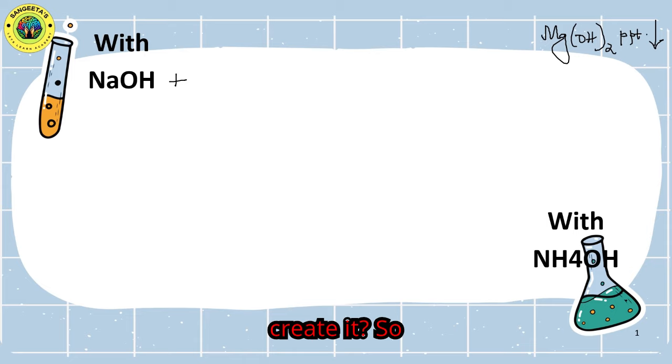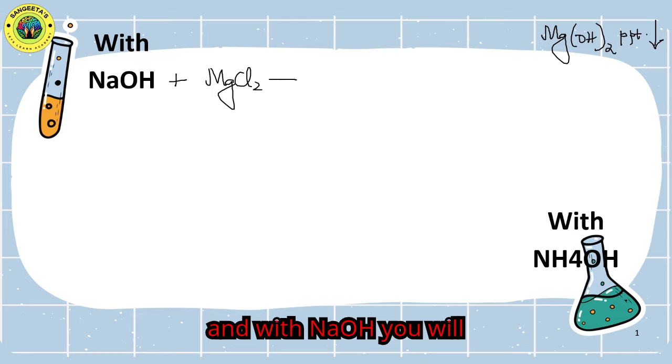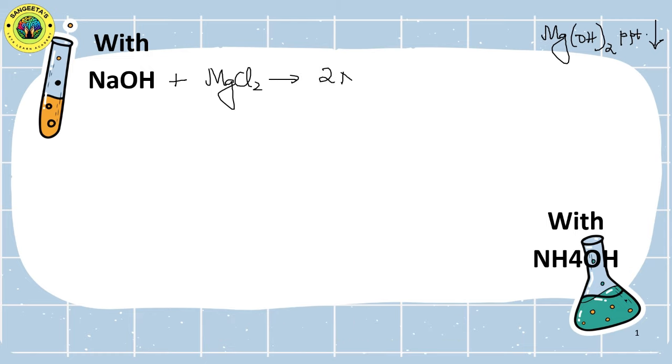How do we create it? MgCl2 we will add, and with NaOH you will get 2 NaCl, so 2 will be here, and you will get Mg(OH)2 as a dull white precipitate.